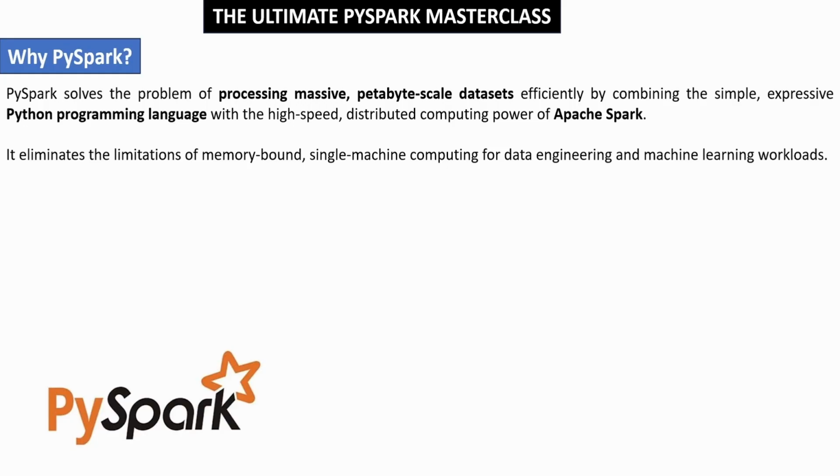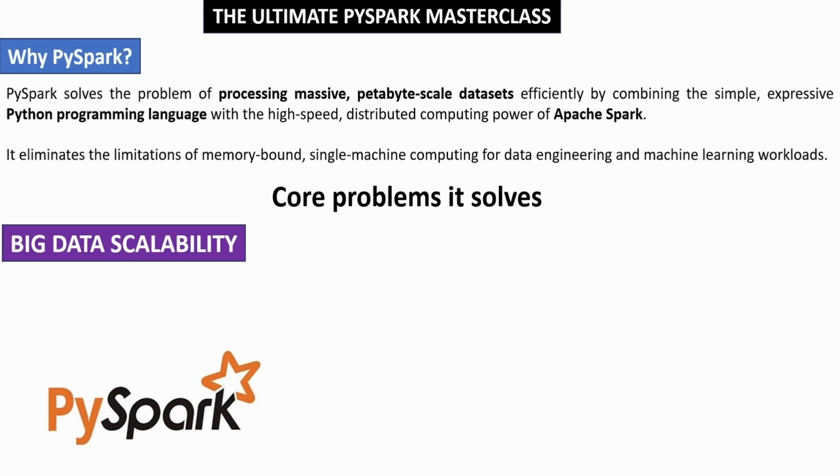So now if I talk more about the core problems, the first problem which PySpark solved is big data scalability. Traditional Python used to run on a single machine, and it used to crash when the dataset exceeded the available RAM size, but PySpark distributes the data across clusters of computers, which helps you process massive data seamlessly, right?